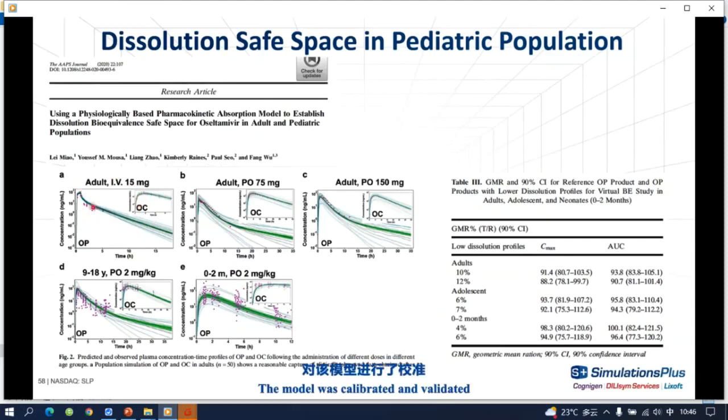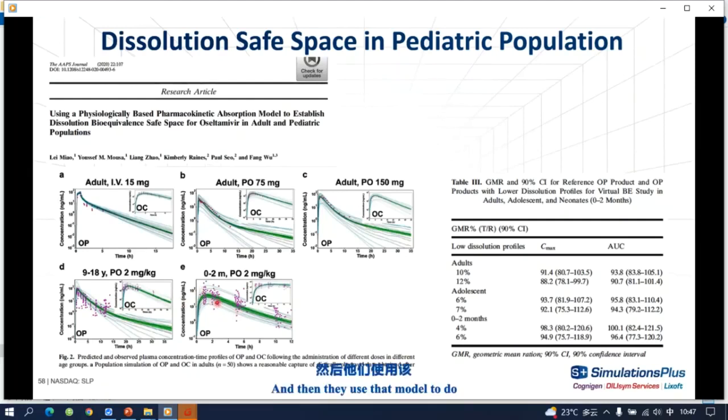The model was calibrated and validated against the adult data, both IV and different PO administrations. And then the model was also verified by predicting the PK for the pediatric data, or the clinical studies in children that were available by this time.